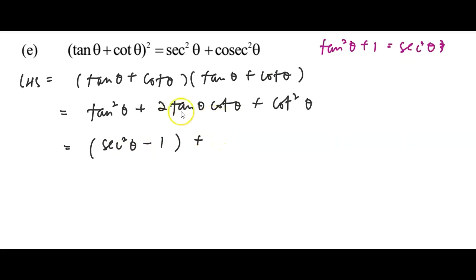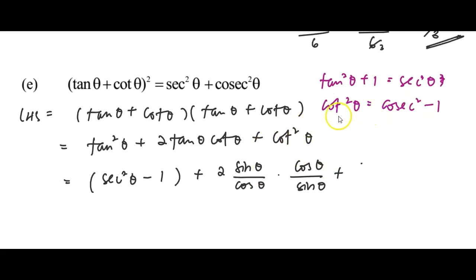Plus the tangent theta, I'm trying to write it in the form of sine over cos, and the cotangent is cos over sine. Later on, when you cancel off, you will get 2 over here. And the cotangent square, using this identity, I change the cotangent square theta into cosecant square theta minus 1.